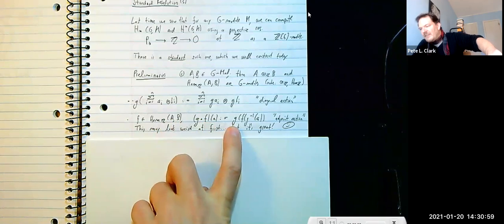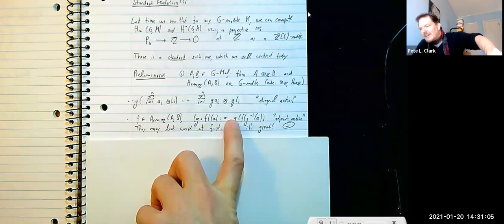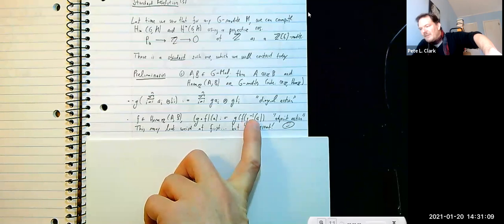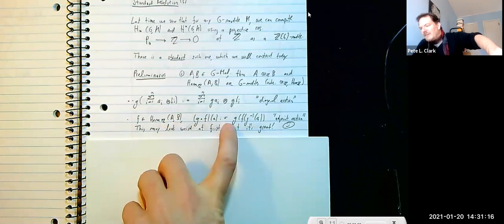And the answer is that I have G act on the inside by the inverse, and I have it act on the outside by G. Okay, this makes sense because A is an element of A, which is a G module, so I can act on that. Then I apply F, then I get an element of B, which is a G module, then I can act by G. Okay, so this makes sense.